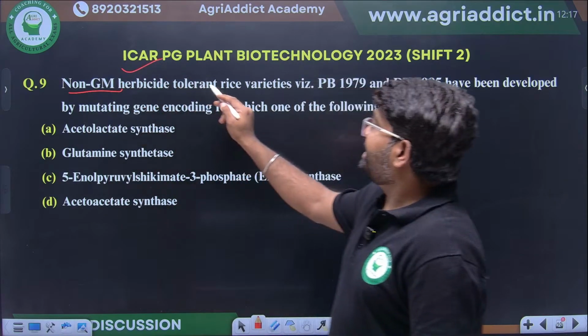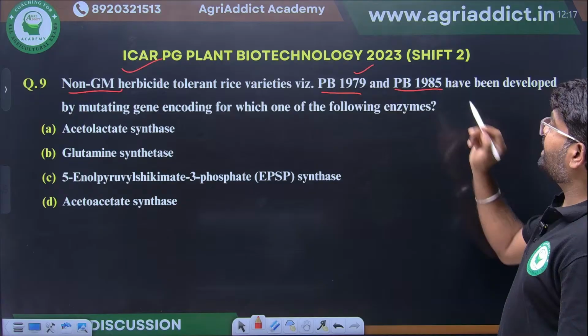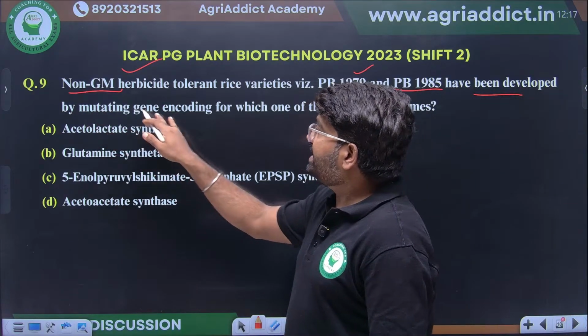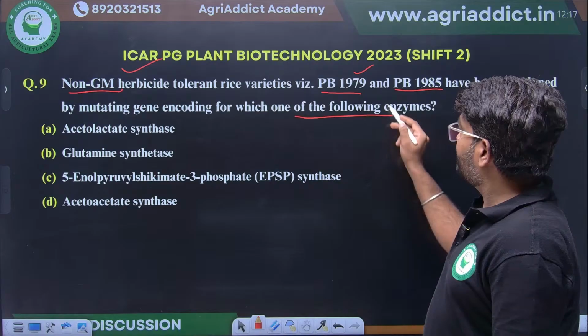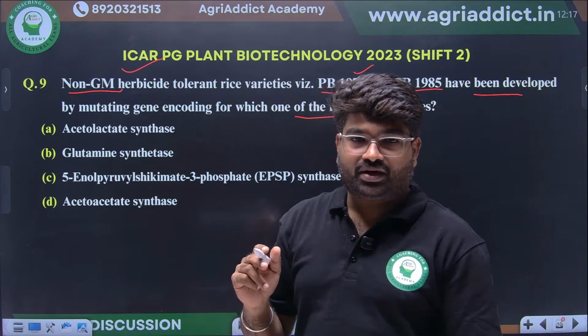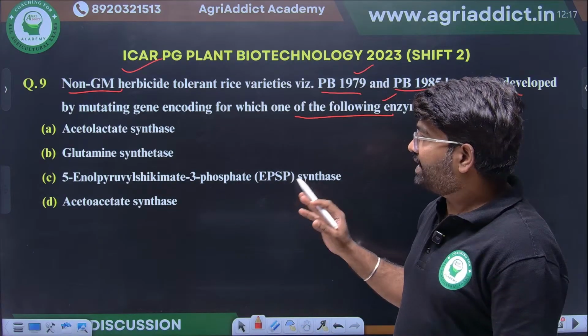Non-GM herbicide tolerant rice varieties PB1979, PB1985 have been developed by mutating the gene coding for which one of the following enzymes? While taking amino acid metabolism, I have told this.